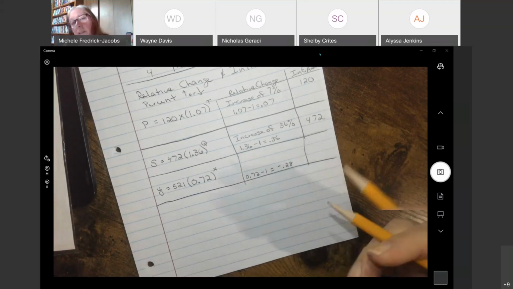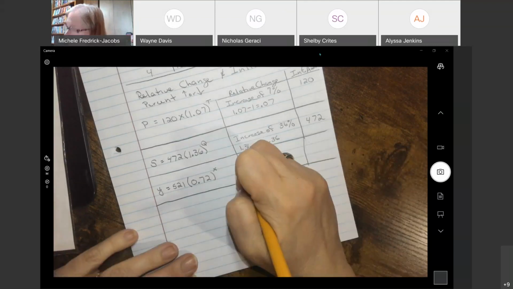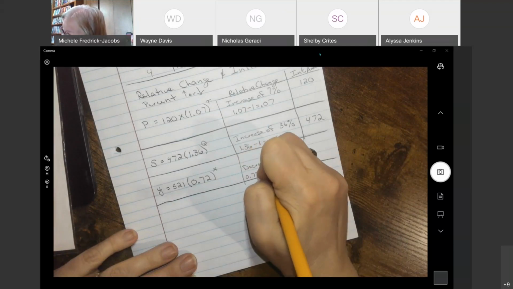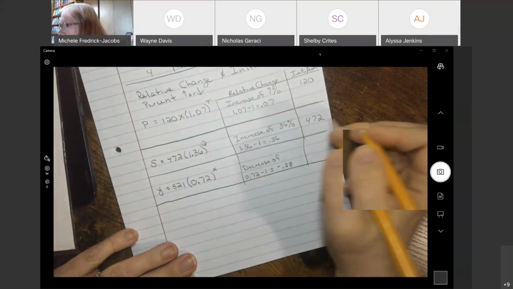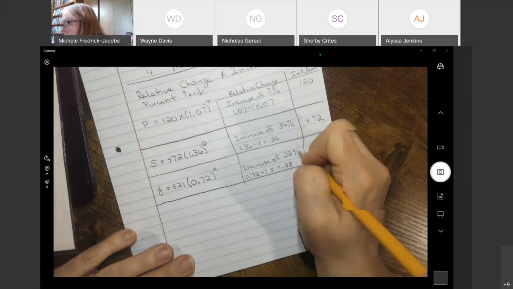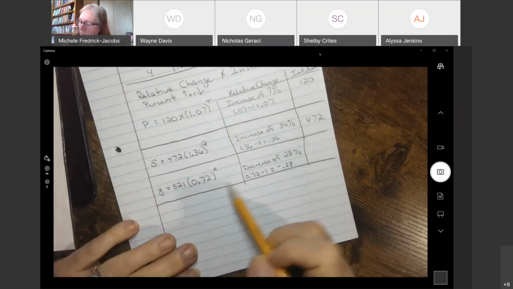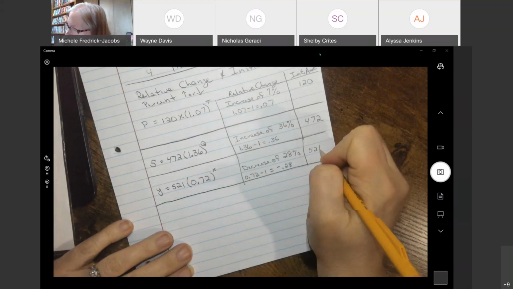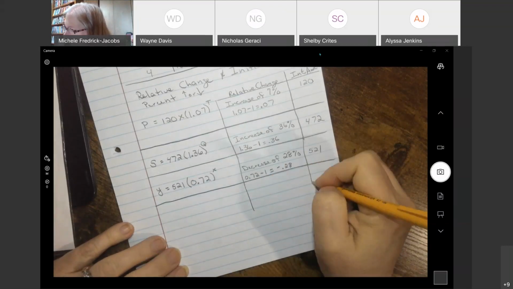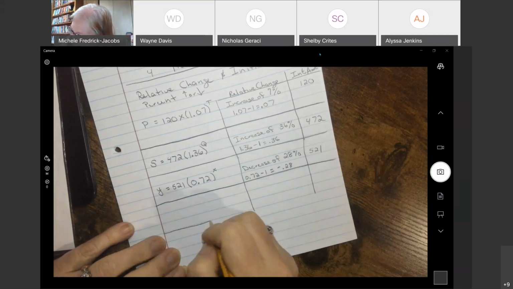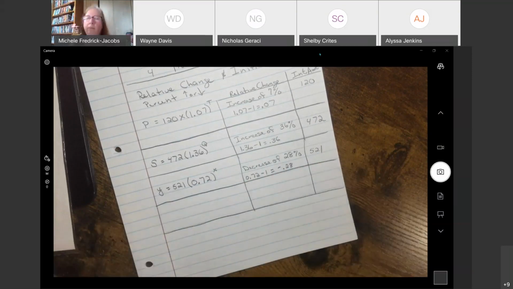Because it's negative, it's a decrease. And then write it as a percent, 28%. So it's a decrease of 28%. And the starting amount is the amount at the beginning, 521. We'll do one more, but any questions on that?